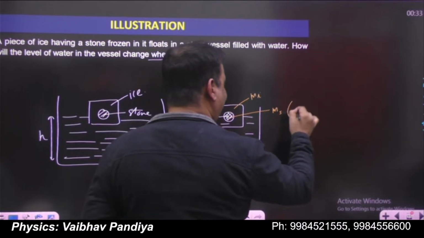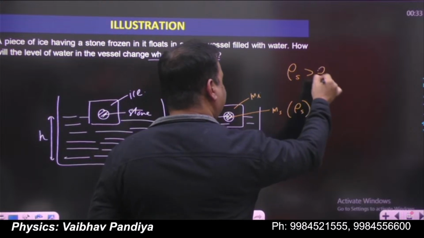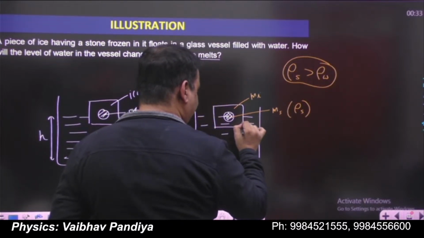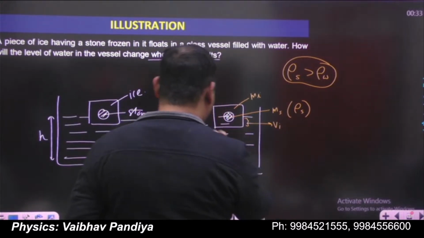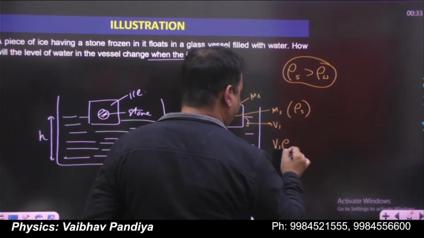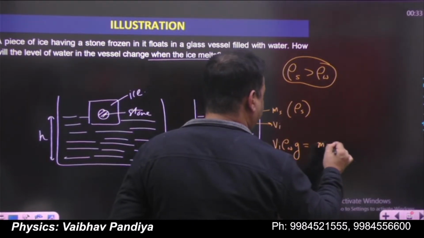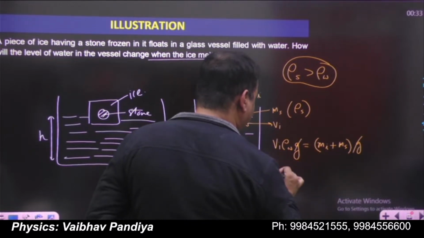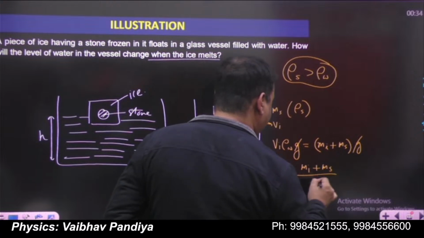And the density of stone be rho s. Of course, the density of stone is greater than the density of water. And say this volume, which is occupied here, is Vi, and this level is say H. So we can say Vi times the density of the water times g is equal to the mass of the ice plus the mass of the stone times g, correct? So I'll get Vi as the mass of the ice plus mass of stone divided by rho of water.